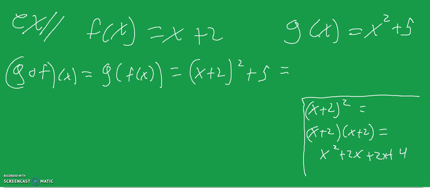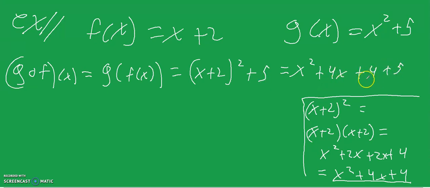And that's x squared plus 4x plus 4. So this is equal to this guy right here. And I still have this plus 5 here. Now I can combine these two to give me x squared plus 4x plus 9. So this is what g of f of x is, or you can say g composed with f of x.